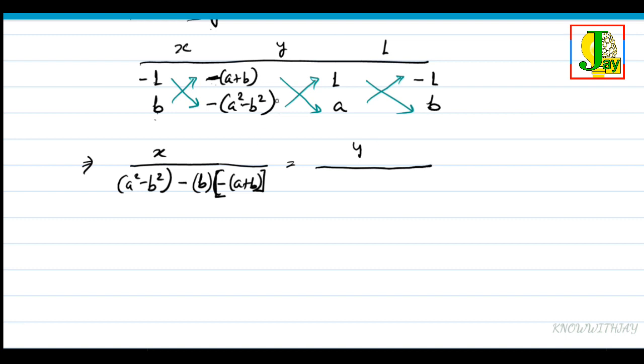Okay, let's write it, minus of a plus b. Okay, downward direction first, that's minus of a plus b into a, then minus upward direction, that's, okay, we're multiplying, minus of a square minus b square into 1.